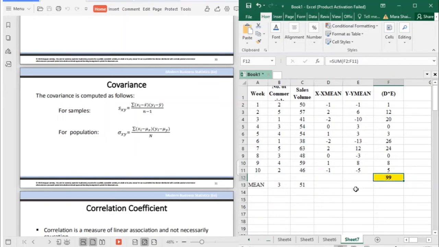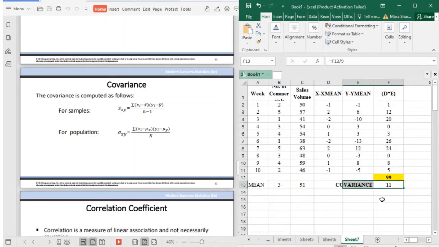For our denominator, we use n minus 1. So we can already get the covariance: 99 divided by n minus 1, which is, sorry, not 11 but 9, since that's 10 minus 1. So you have a covariance of 11.